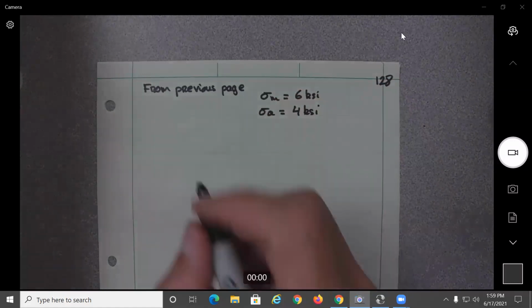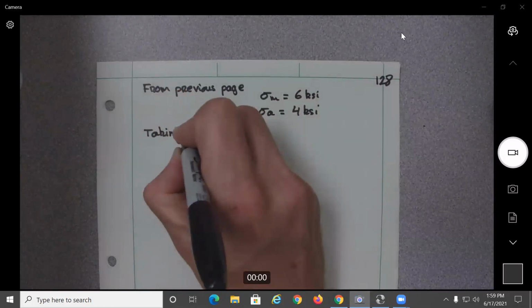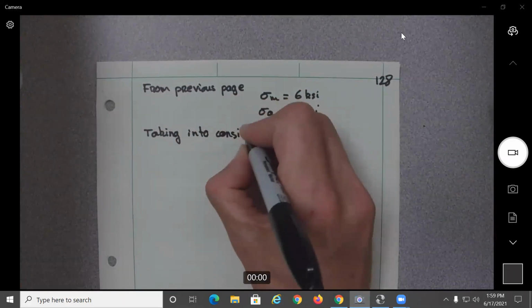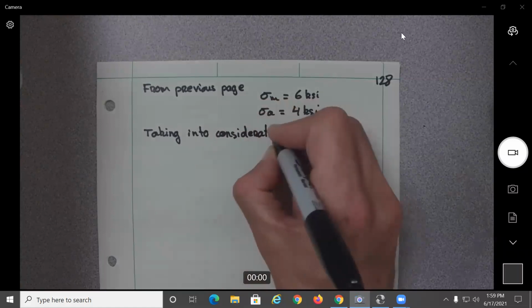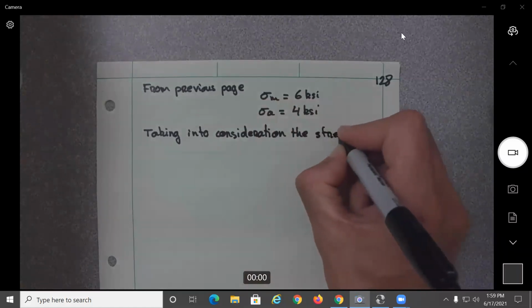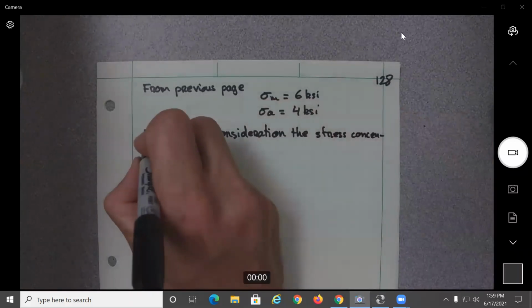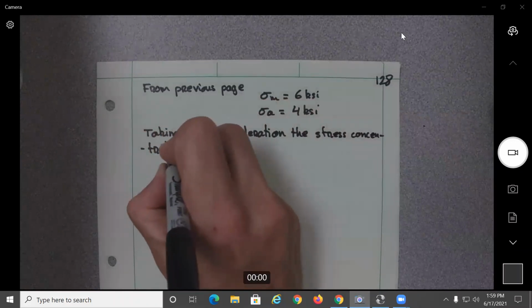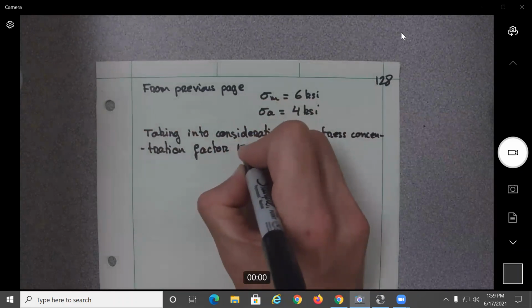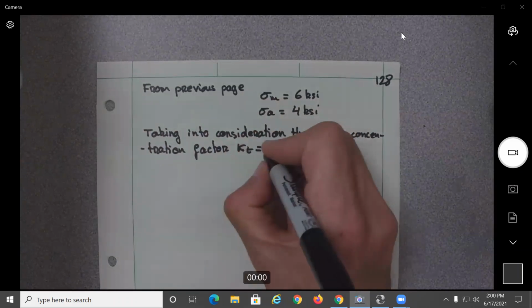Okay, so now taking into consideration the stress concentration factor, K of T was equal to 1.7.